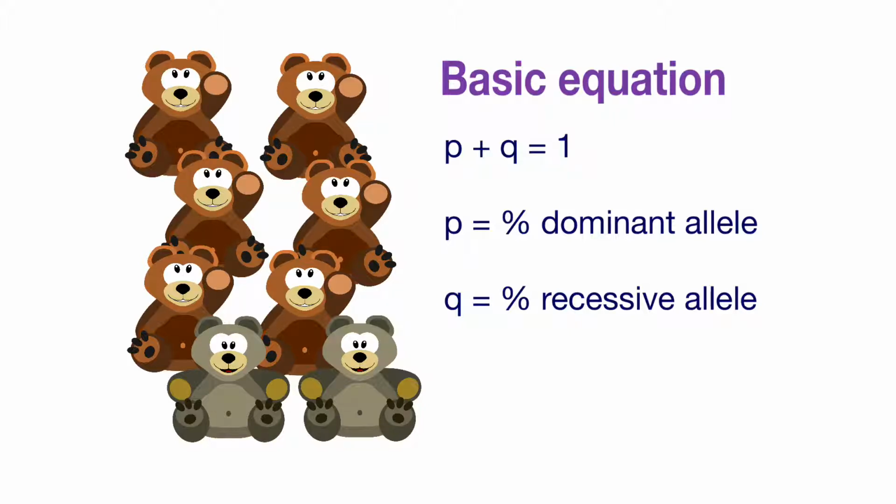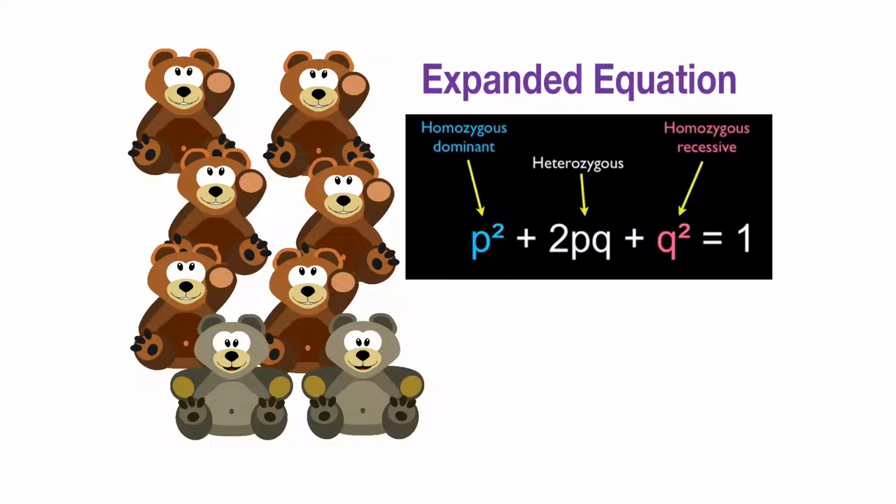So we're going to start with the first equation that says P plus Q equals 1, where P is the percent of dominant alleles and Q is the percent of recessive alleles. We can't get that just by knowing the percent of the phenotypes, so we have to add a second equation.